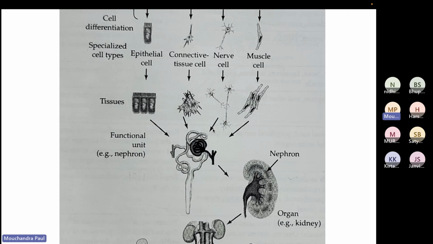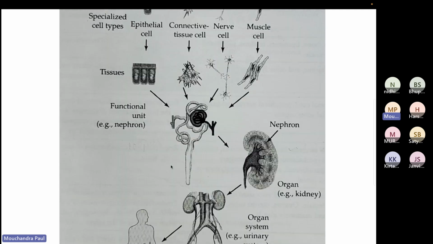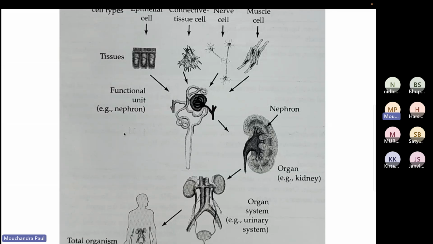Around 100 to 1000 functional subunits, when they come together, form an organ. Like here a nephron, when 500 or thousands of these functional subunits come together, they form an organ, which is a very small organ, around 500 to 1000 ml of volume.